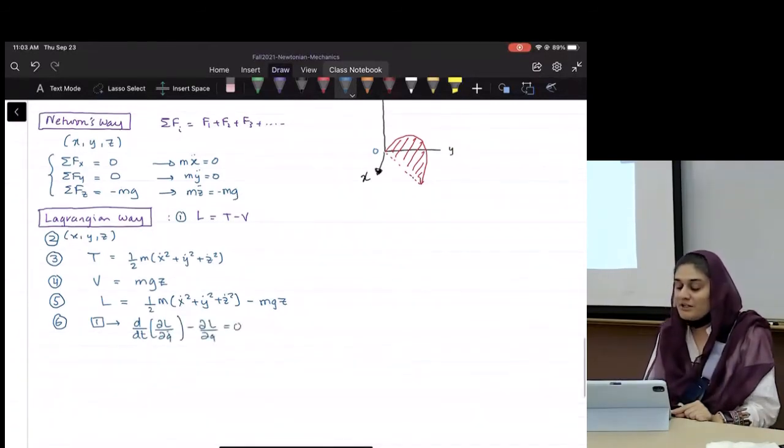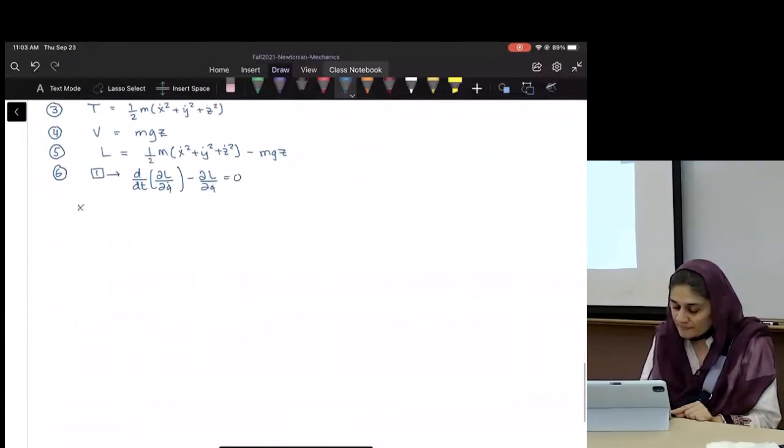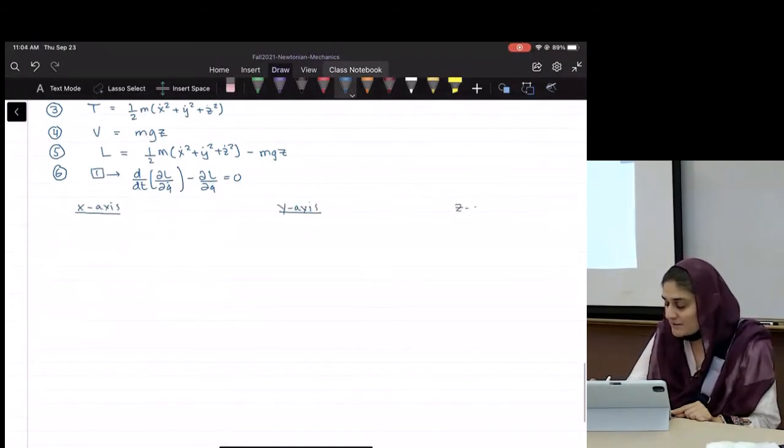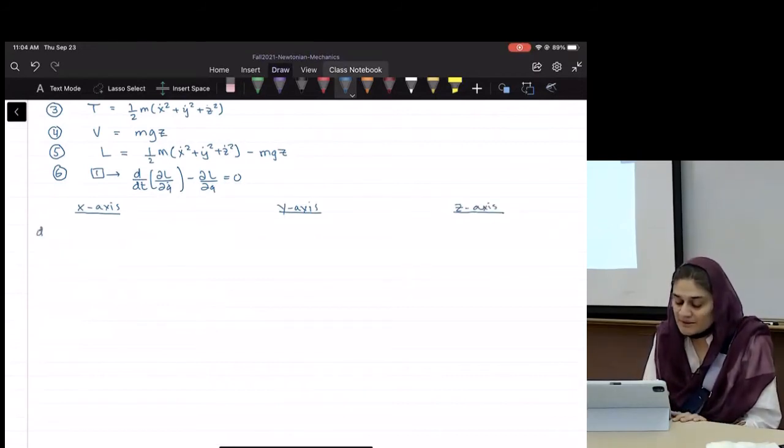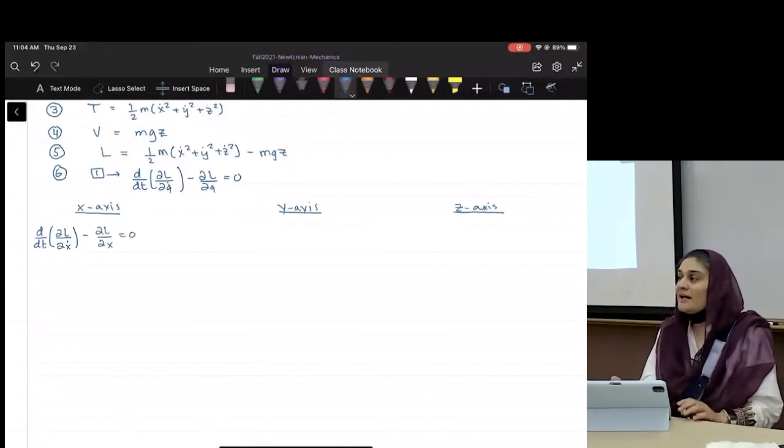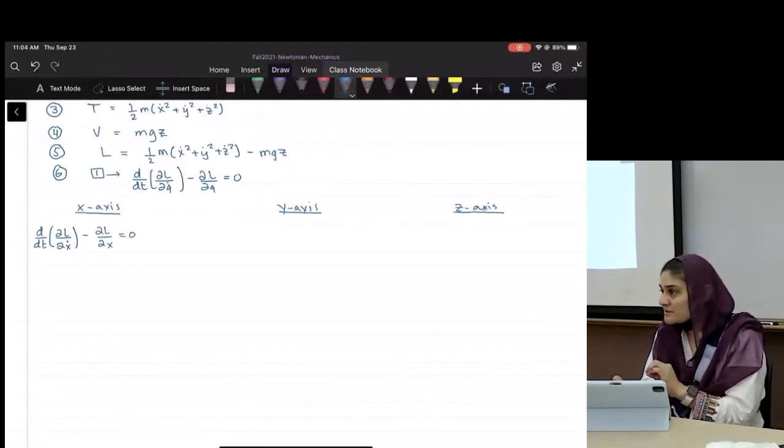Okay, so now how many of these should I have? Good. One along the x, one along the y, and one along the z. Okay, so now I'm going to rewrite this: d over dt of partial L over partial x dot minus partial L over partial x equals 0. Do you see why I'm being so specific about this?